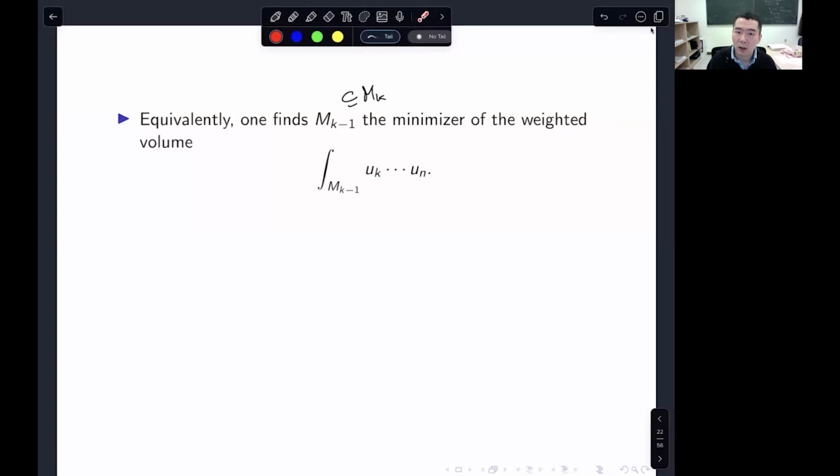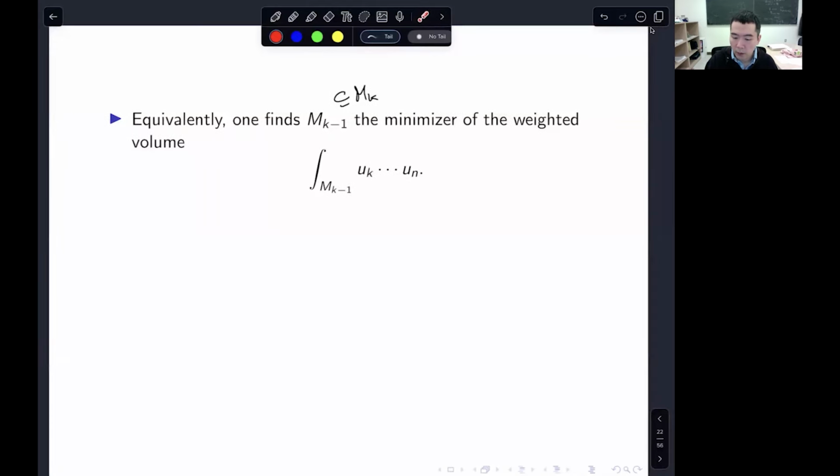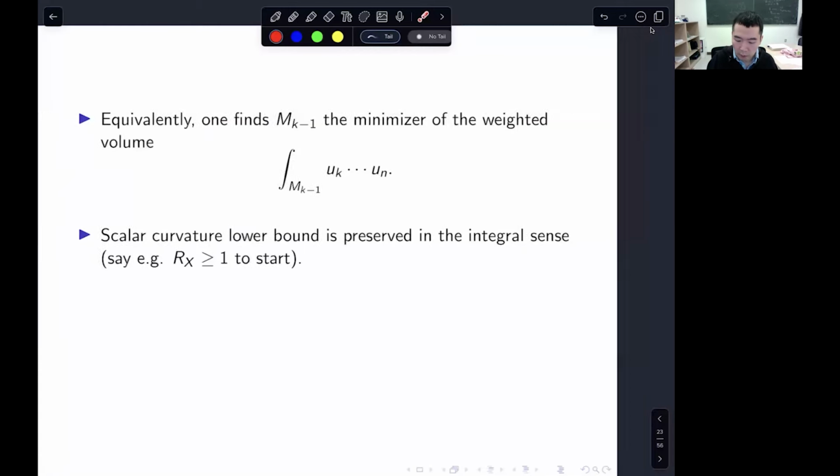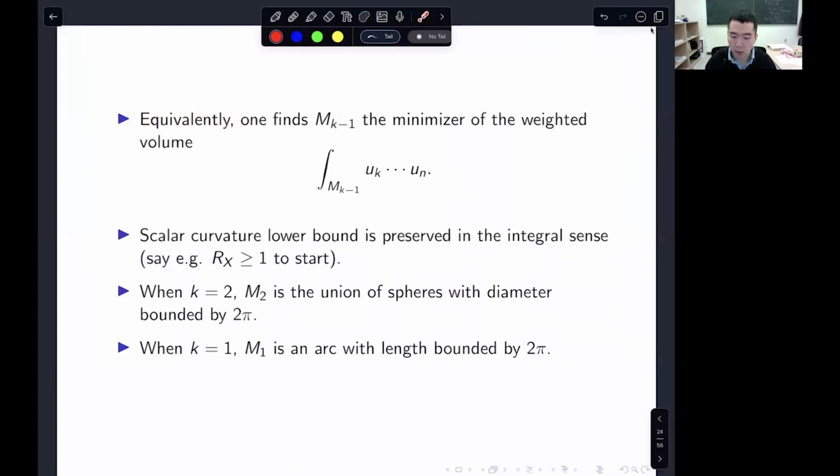So you can minimize this weighted volume. Nonetheless, once you do that, you get the next object in the minimal slicing, and the advantage, as we discussed, is that the scalar curvature lower bound is preserved in the integral sense. So it's preserved in each of the warped products, and that's an eigenvalue condition again on each minimal slicing.